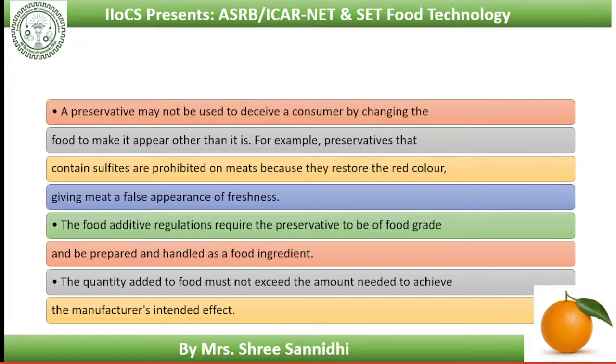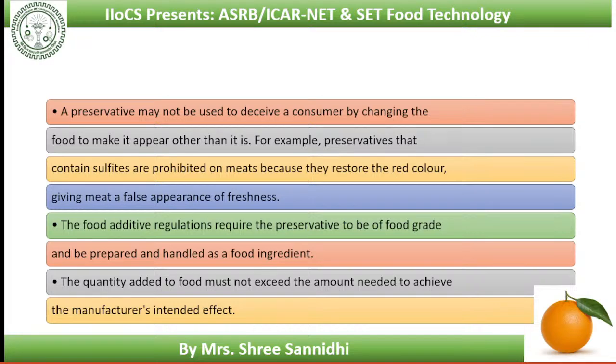If we take an example, preservatives that contain sulfites are prohibited on meats because they restore the red color, giving meat a false appearance of freshness. So whenever you use some preservative, even though it is safe for consumption, if it does not cause any harmful ill effect to our health, it should not be used if that chemical preservative is giving a false appearance of any food product.